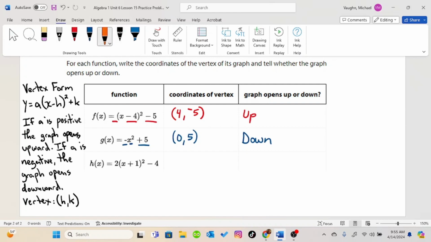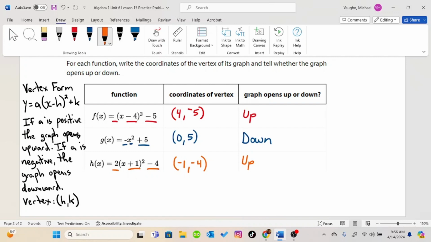And finally on H, we have minus H, so H would be negative 1, and plus K, so K would be negative 4, and we have an A that is positive 2, so this opens up.